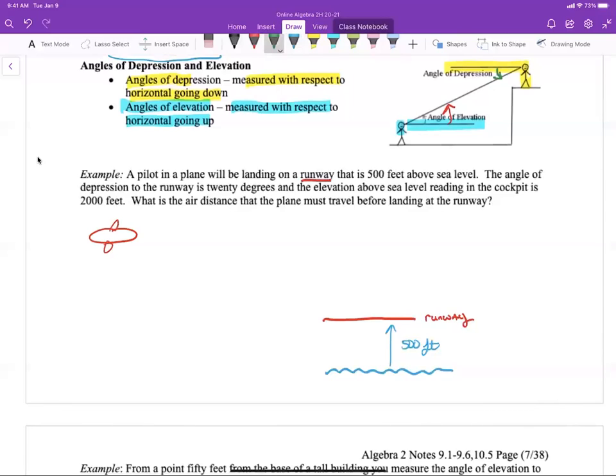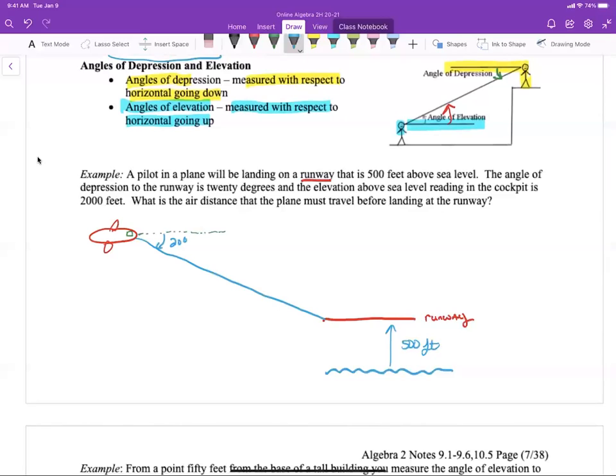So what are they telling you? This plane has an angle of depression to the runway. So here's the person in the cockpit. There's the horizontal, the angle of depression to the runway. So if I were to draw a line to the runway, I'm being told that this angle is 20 degrees.